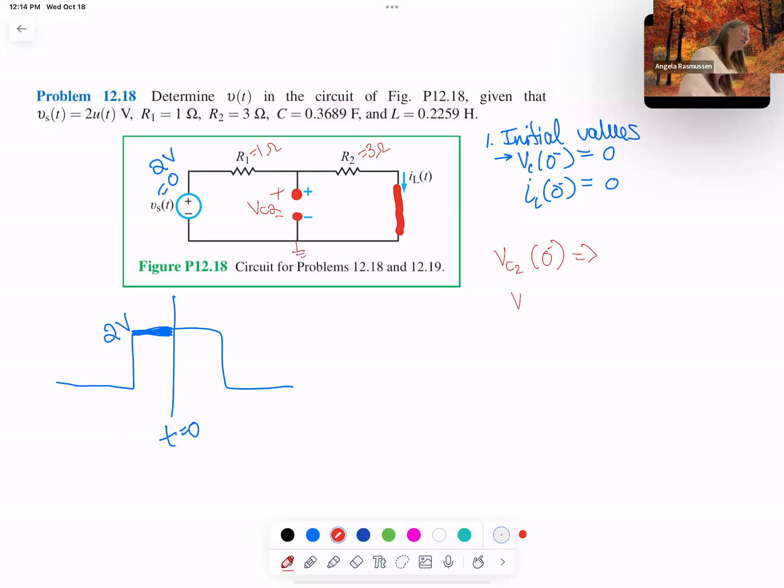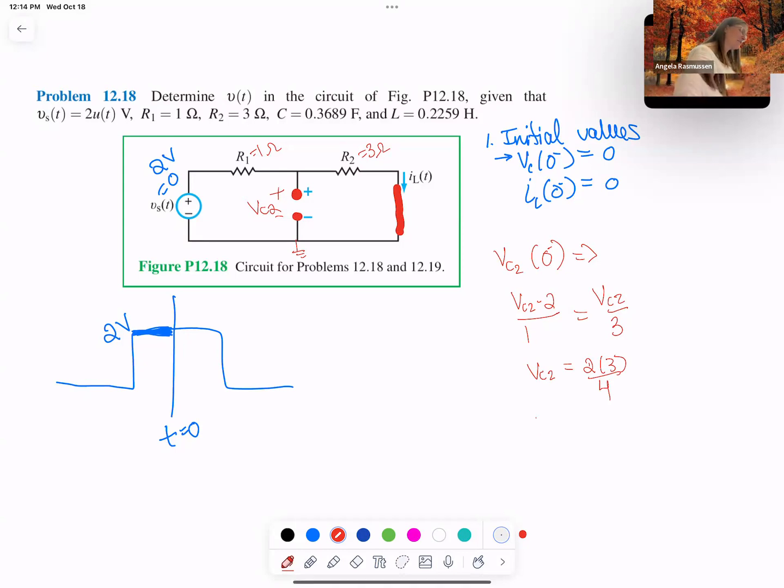So just do (VC2 minus 2) over 1, and then just solve that for VC2. And that will give you the same equation.